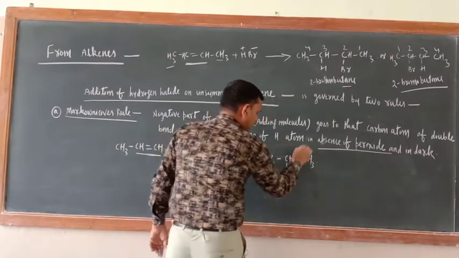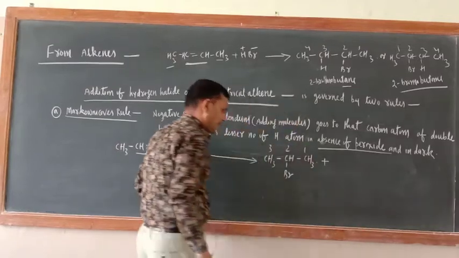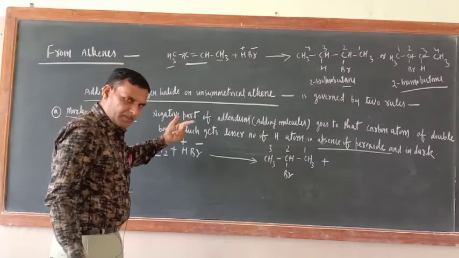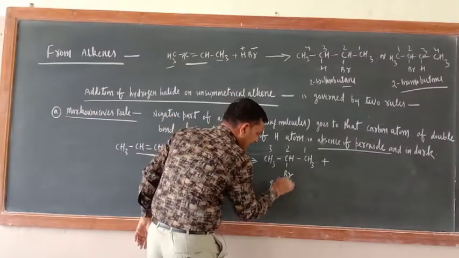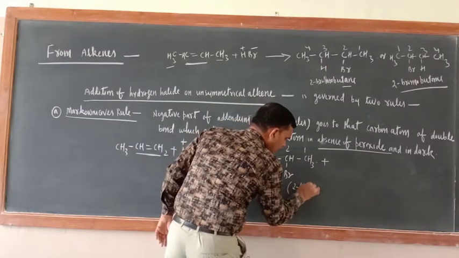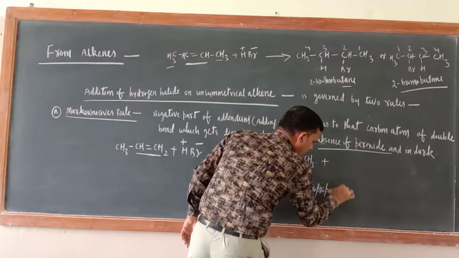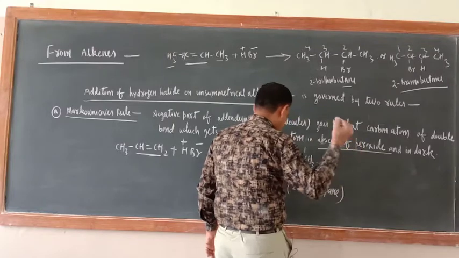CH3. Okay, so this is 1 2 3. Okay, plus. Next product will also be there. This will be the major product, 90%. What is the name of this one? 2-bromopropane.